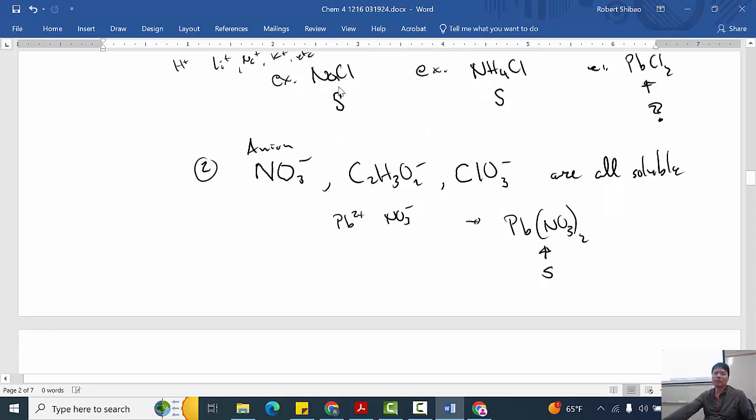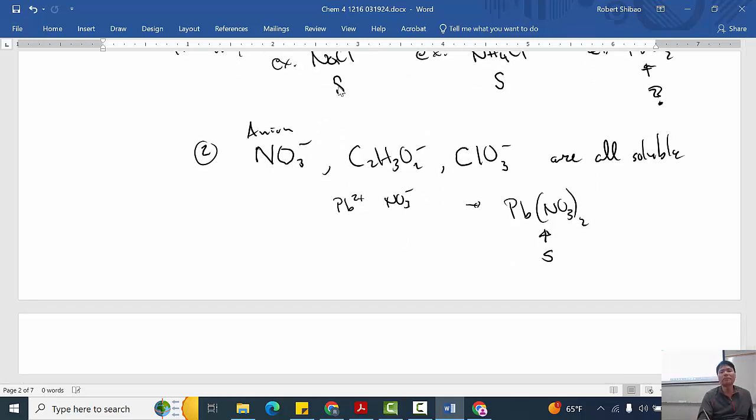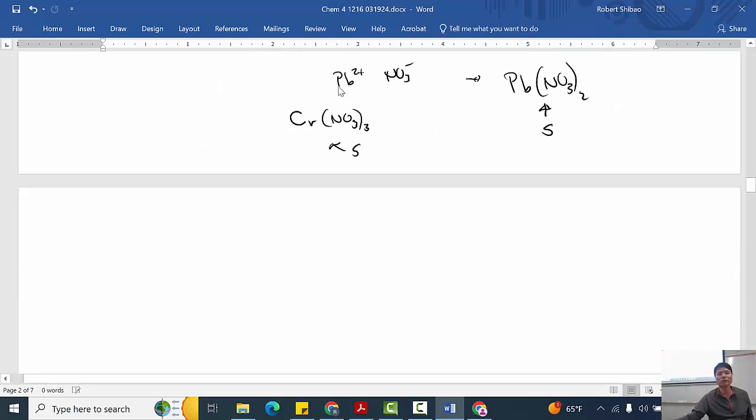Right. So I'm going to do another one. Let's do chromium 3 nitrate or acetate or chlorate. It would be soluble. That's what we predict. Again, these are rules.